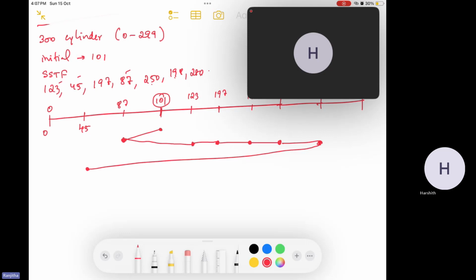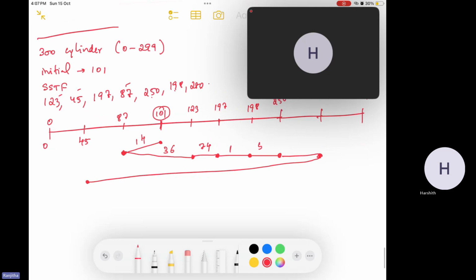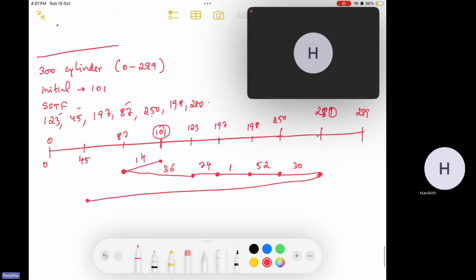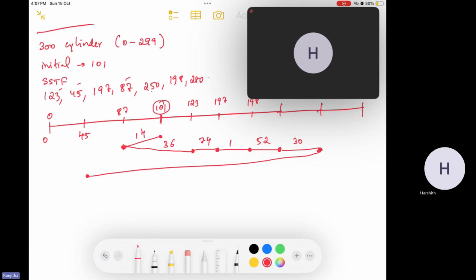So the distance traversed is 14, and from 87 to 123 is 36. Then 123 to 197 is 74. Then it is 1, and then 52, 30, and then 280 to 45 is 235.